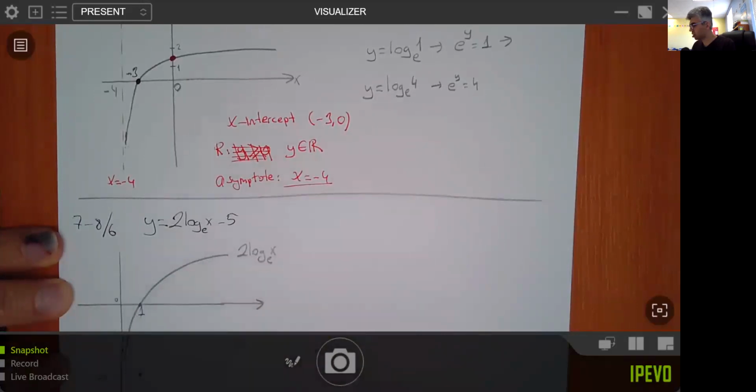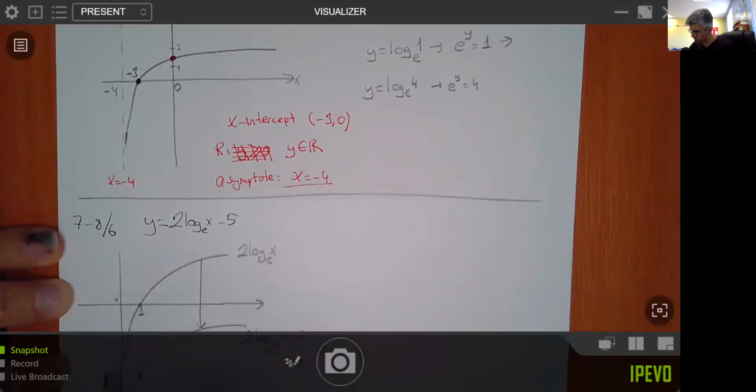Let me just use this technique. So that will be 2 log x base e minus 5. You see, 5 units down.